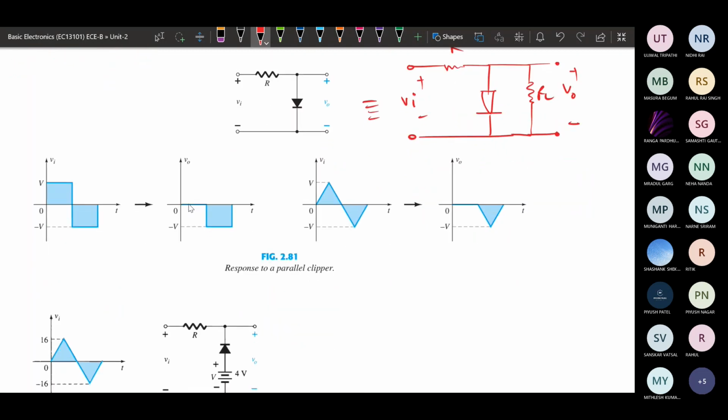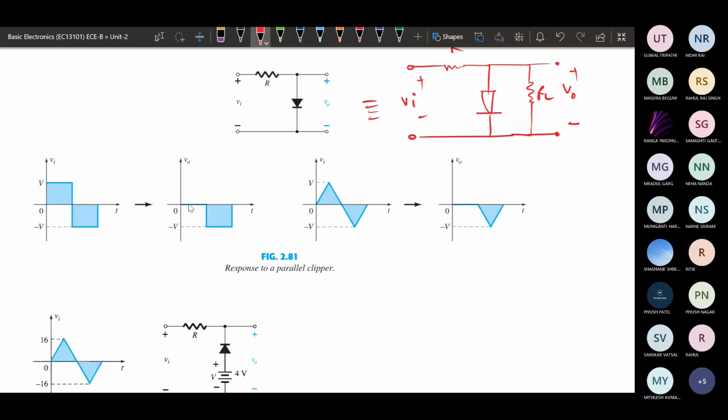From there, this is the input, and with respect to that we can get the output. For positive voltage the diode will be on, so it is a short circuit, and then the output will be 0. On the negative side it will be reverse bias, so it will be an open circuit, and whatever voltage we apply, the same voltage will appear.